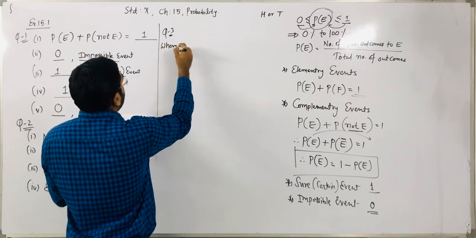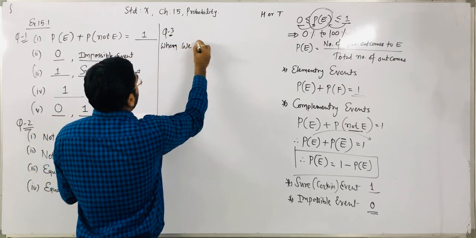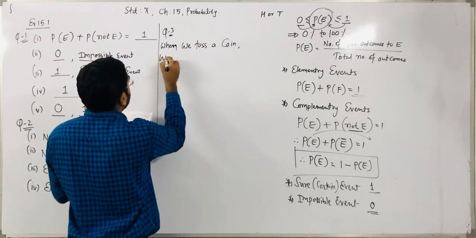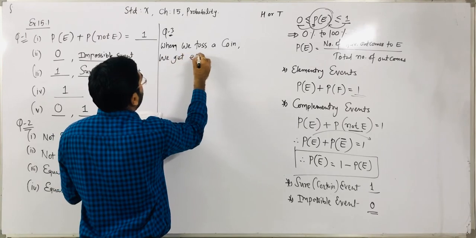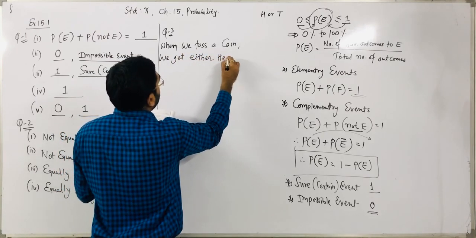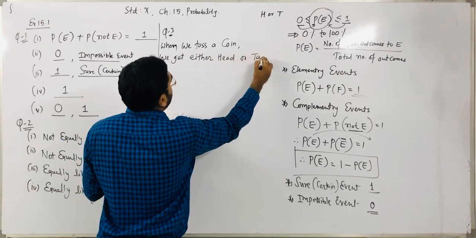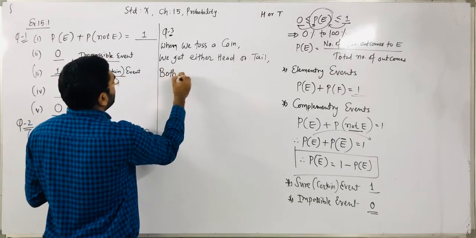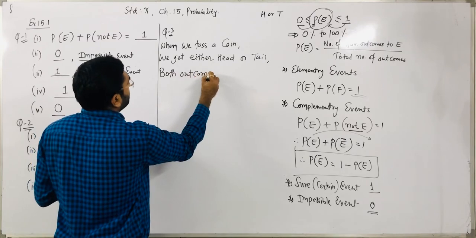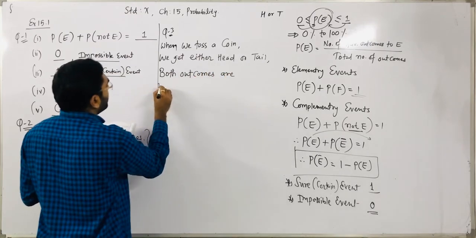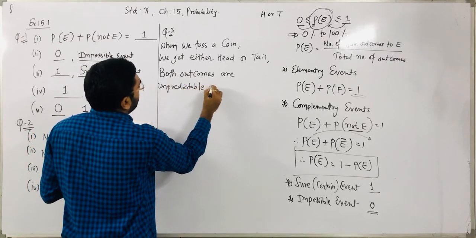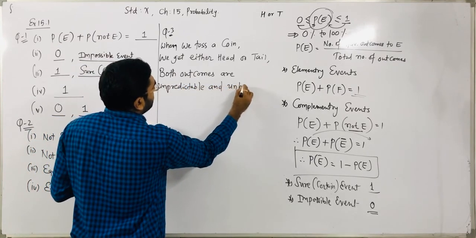When we toss a coin, we get either head or tail, right? And both outcomes are unpredictable and unbiased.